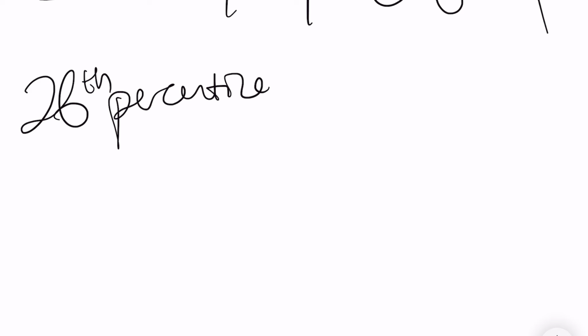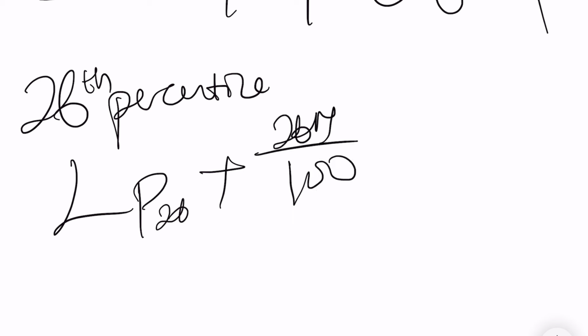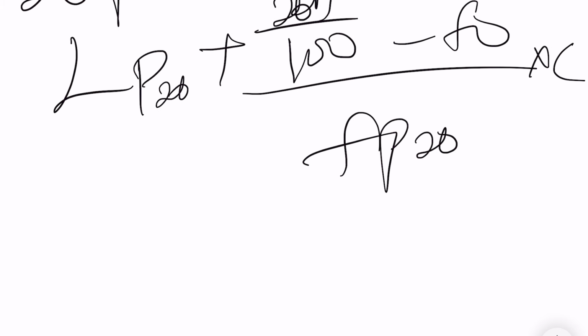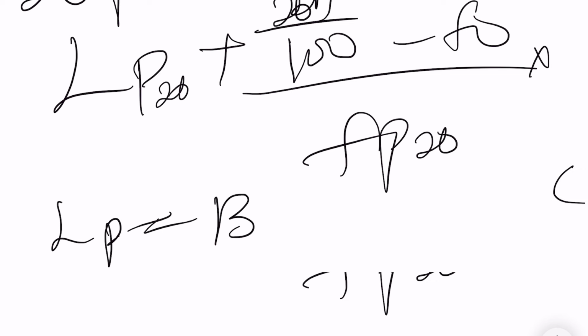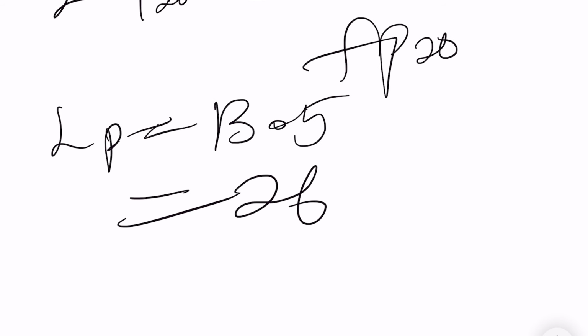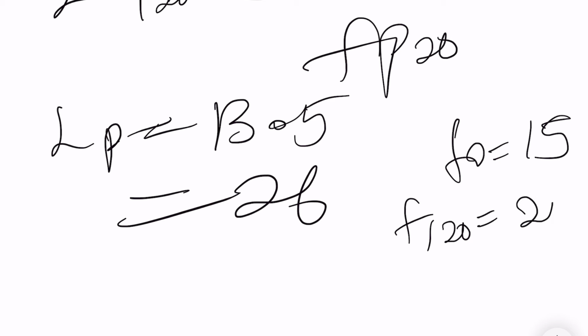Now, for our P26, which is the 26th percentile, we have LP26 plus 26N over 100 minus F0 over FP26 times C. Solving this, we have 13.5 as the lower limit, and 26 times 100 over 100 is 26. We have our F0 to be 15 and FP26 to be 20, and our class width as usual to be 2.